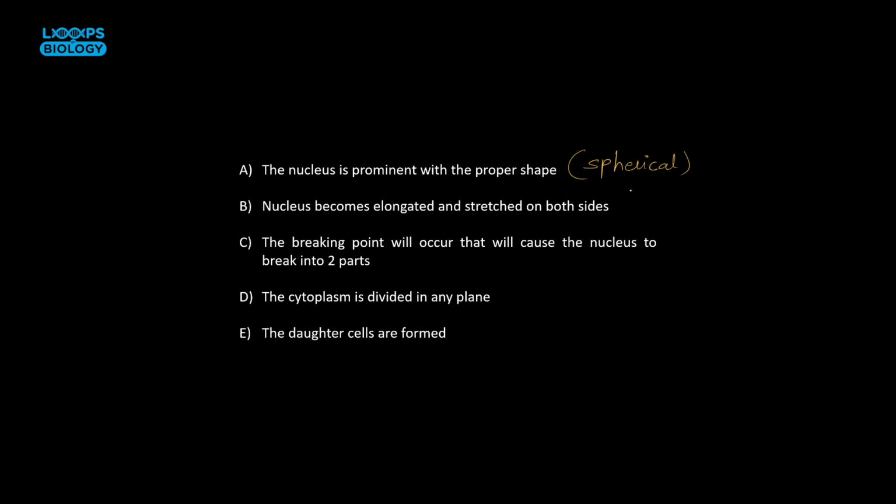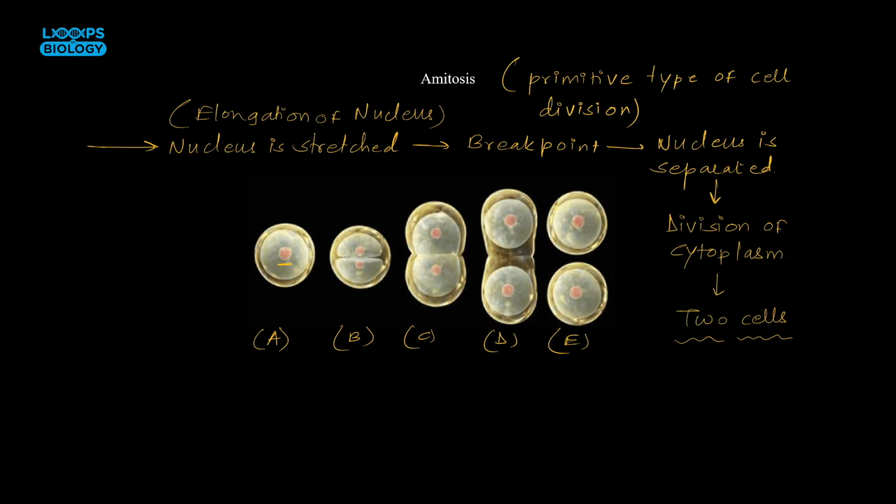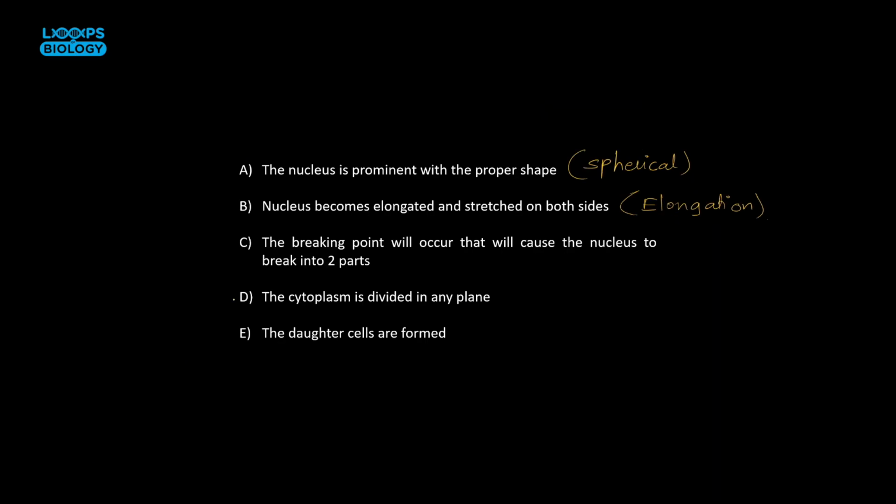But when we move to part B, the nucleus becomes elongated and stretched, so the process of elongation starts. At point C, in the diagram, the nuclei were connected together in B, and in C proper nuclear separation is seen.